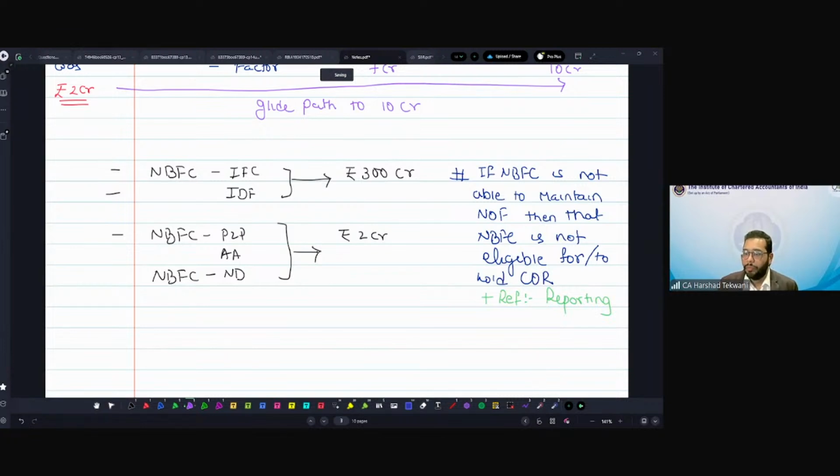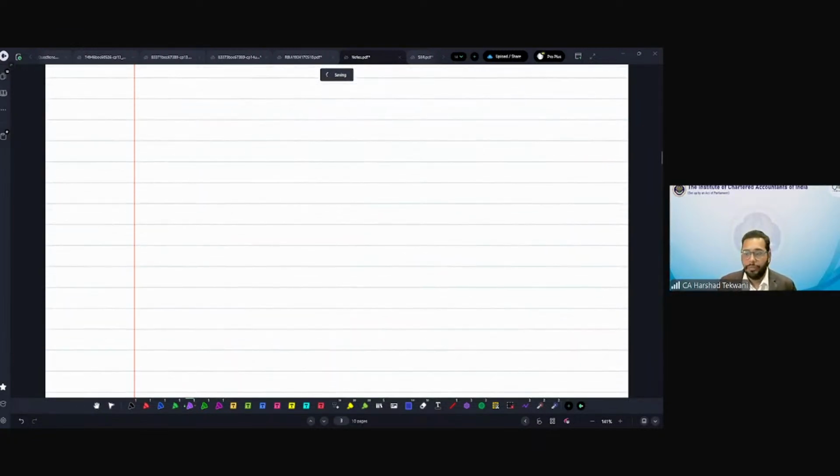Now, we need to understand certain more terms so that we can understand the scale-based regulations in more detail, and we can understand what the requirement is over here when it comes to the scale-based regulations. Now, apart from net owned funds, there are some requirements of capital, which are known as tier 1 and tier 2 capital.